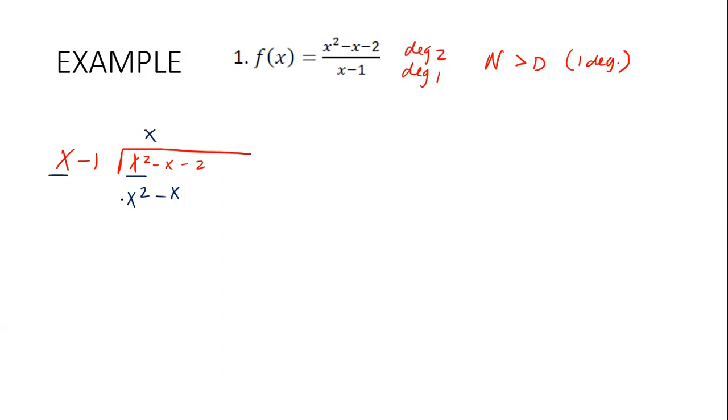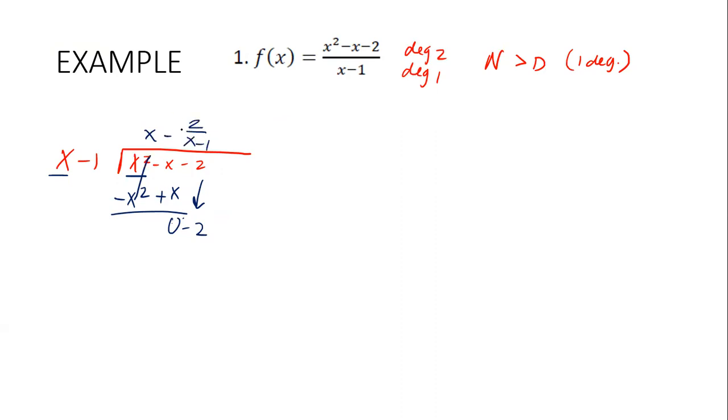Okay. When we subtract, that means we're changing the signs and combining like terms. So I subtract, and I'm left with 0. And then I'm going to bring down the negative 2. Negative 2 is my remainder, right? So it's negative 2 over x minus 1.